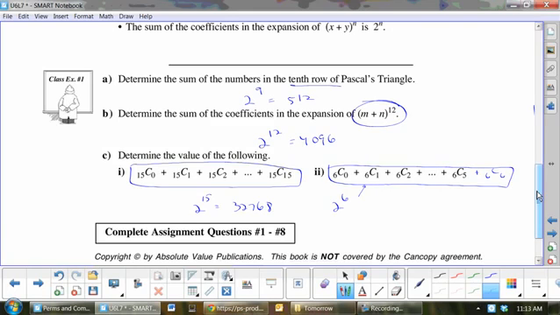That would equal 2 to the 6th. So how are we going to find out what this is? 2 to the 6 minus 6C6. Very good. 63. Okay.